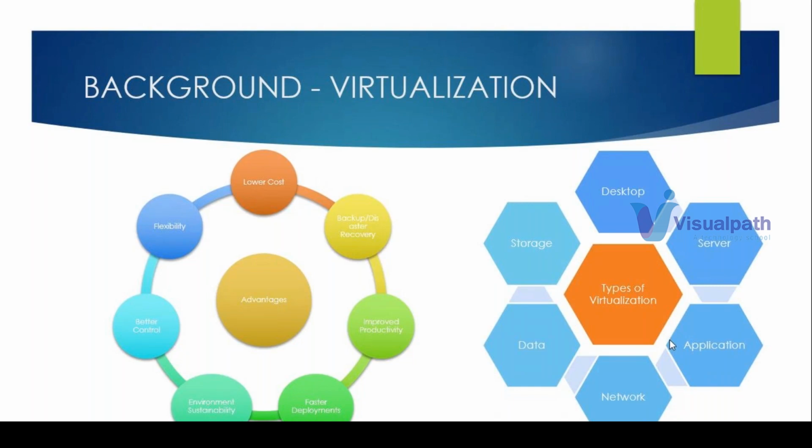There are certain types of virtualization. We can start with desktop: with the help of a hypervisor, we can simply set up remote instances. Server, although I have talked about it a lot, is mainly where we create multiple instances based on our need. Application virtualization is where we create a virtualized set of applications that can be shared across multiple virtual instances.